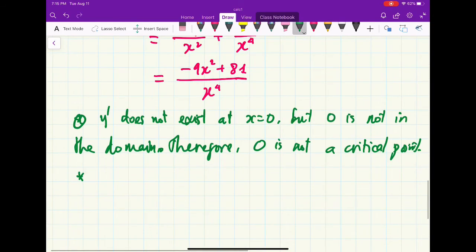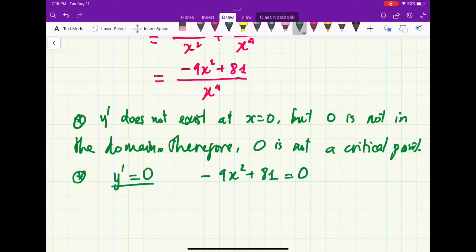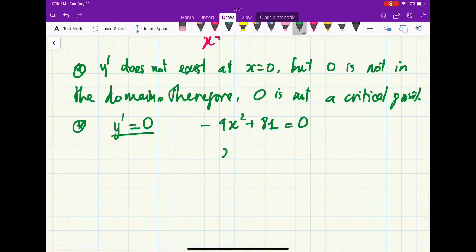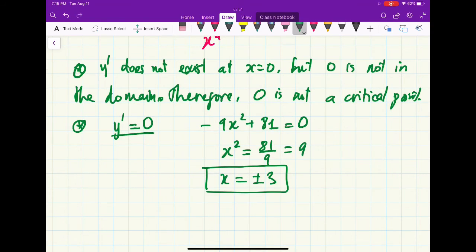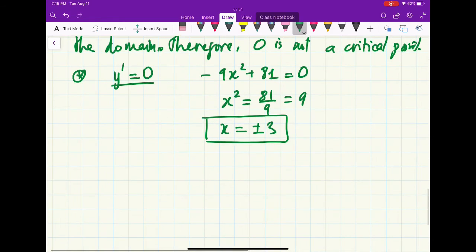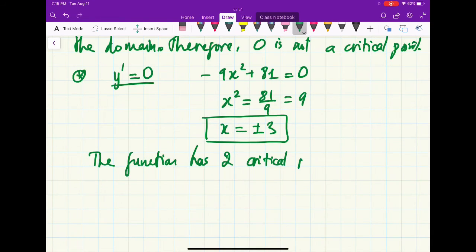The second case is the derivative equal to 0. So you set negative 9x squared plus 81 equal to 0. From here, you can solve for x. So you have x squared equal to 81 over 9, which is 9. Then x equal to plus or minus 3. So the function has two critical points, plus or minus 3.